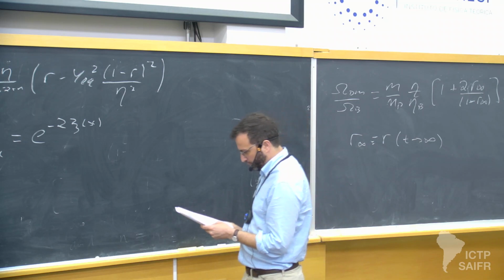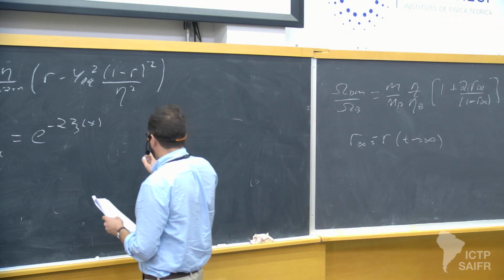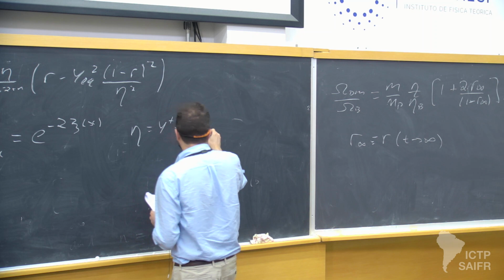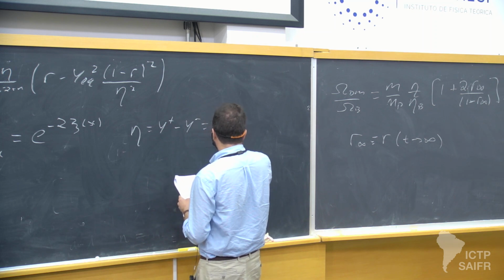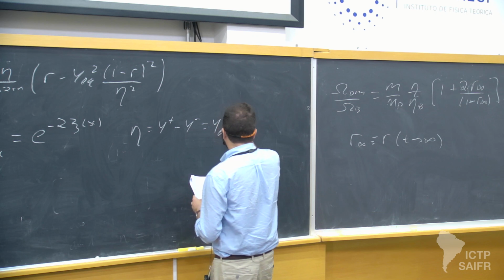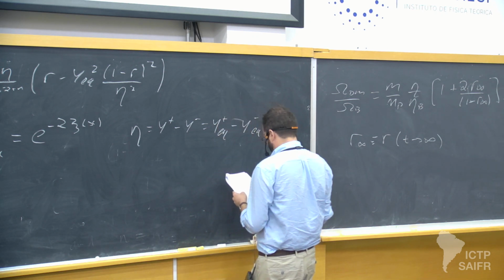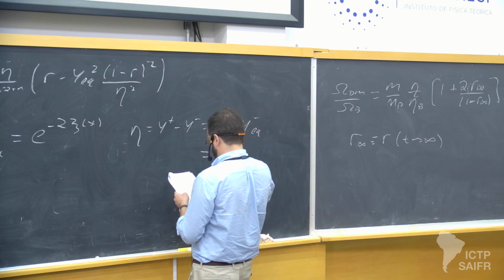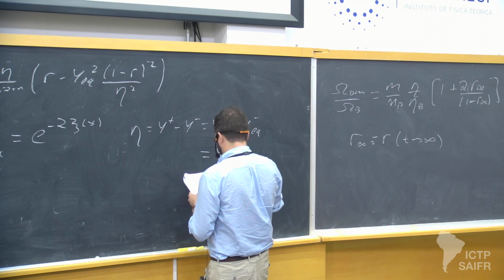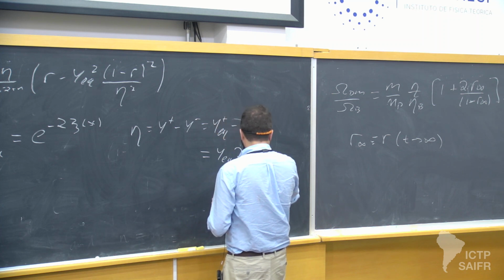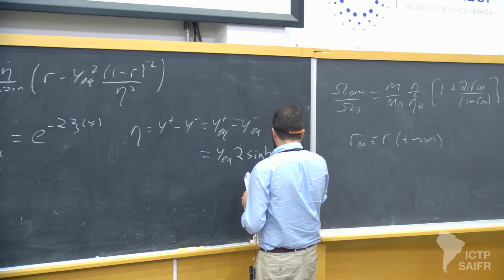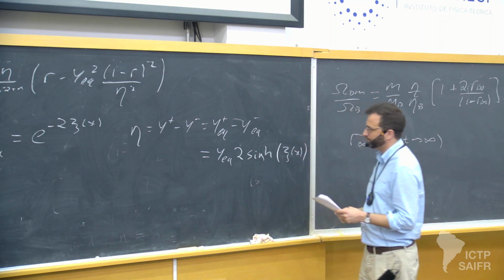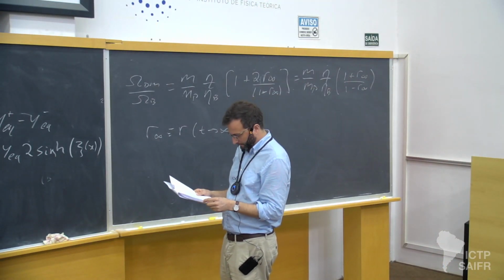So another crucial relation is that eta, which is equal to y plus minus y minus, is also equal to y plus equilibrium minus y minus equilibrium. And this is just equal to y equilibrium 2 sinh psi of x.